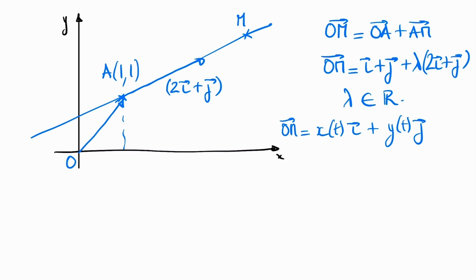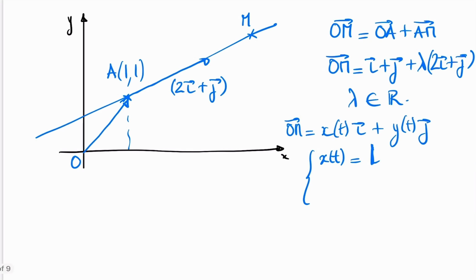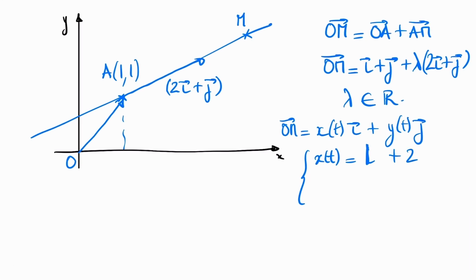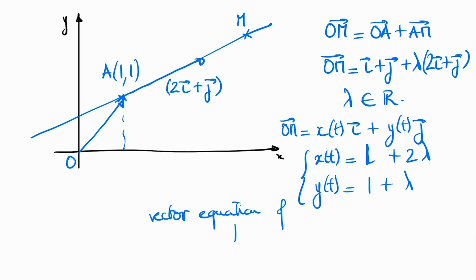And so what we can say is therefore x of t is equal to 1, because that's a component, plus 2 lambda. And then y of t is equal to 1 plus lambda. And this is the vector equation of the line.